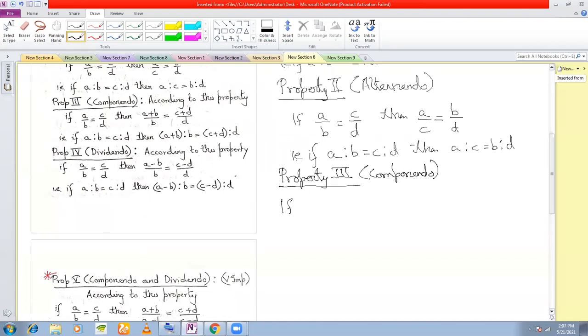This states that if we have a proportion A is to B is equal to C is to D, then A plus B is to B is equal to C plus D is to D. Okay.